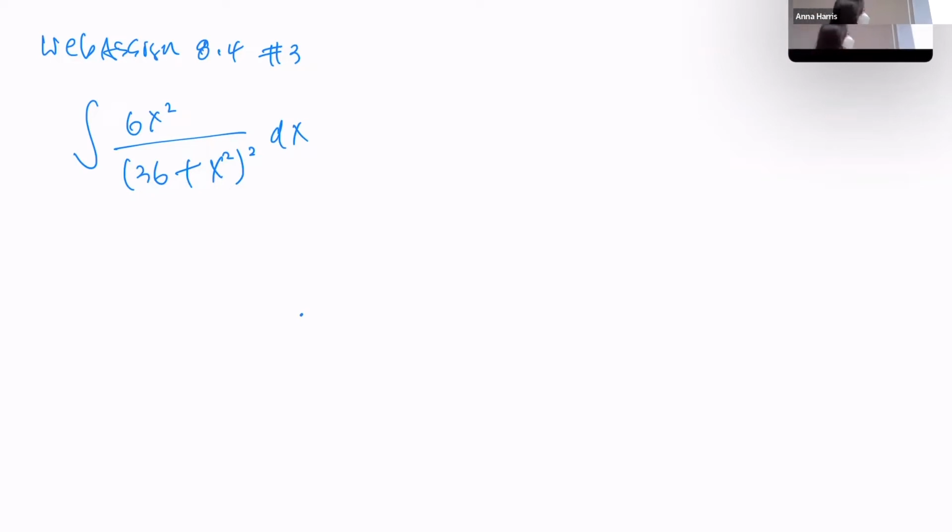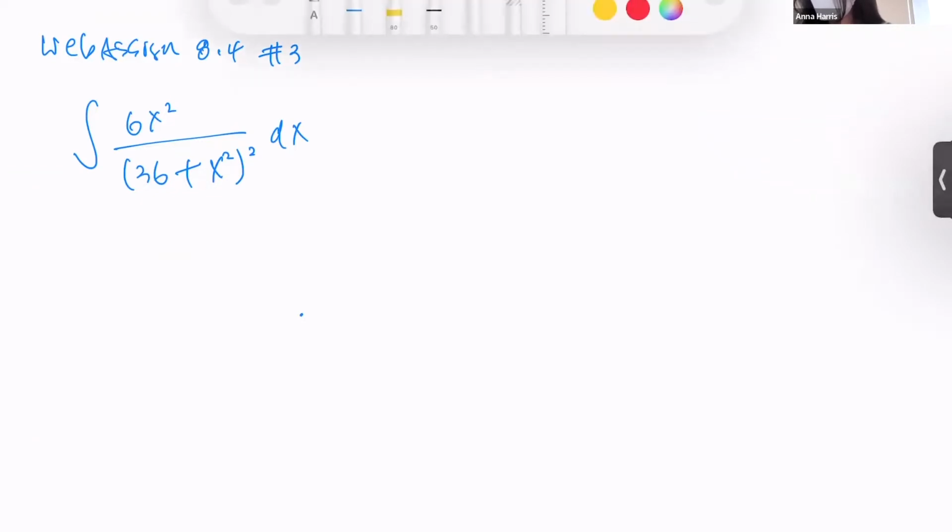So it's number 3. Okay, so first thing first, what do I need to do? I need to figure out what pattern to use, right? Am I right? Okay. So help me out. So I'm gonna use a squared is equal to 36. That I already know. So a is equal to 6. That I already know, right?